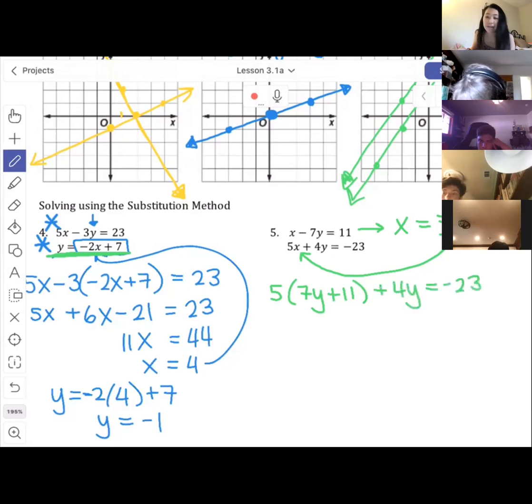Good, keep going. So then you would do 5 times 7y, 35y, plus 55, plus 4y equals negative 23. Good.